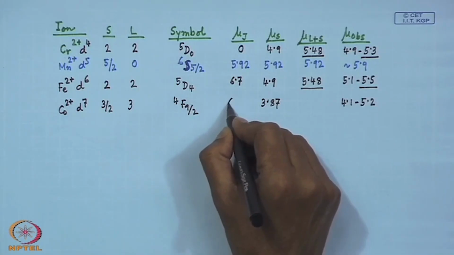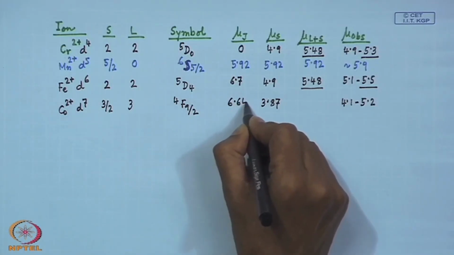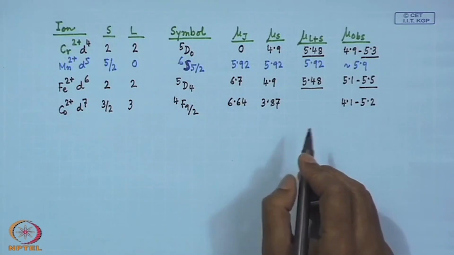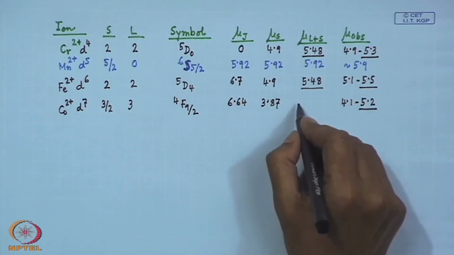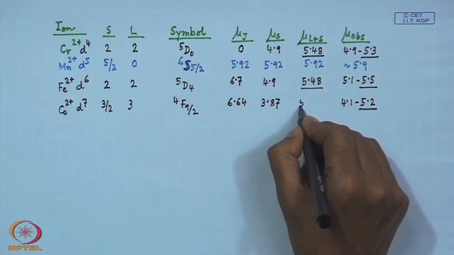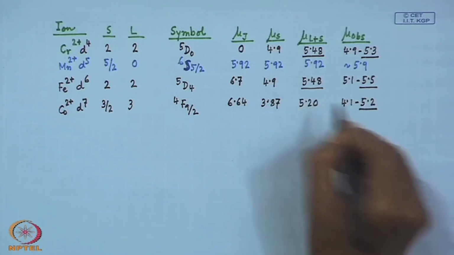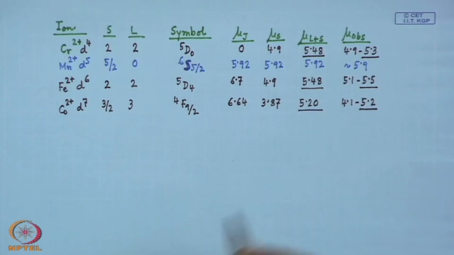So, if we calculate the mu J equation, it will be 6.64, which is quite high compared to the experimentally determined value, but the mu L plus S is quite close to that value, which is 5.20.